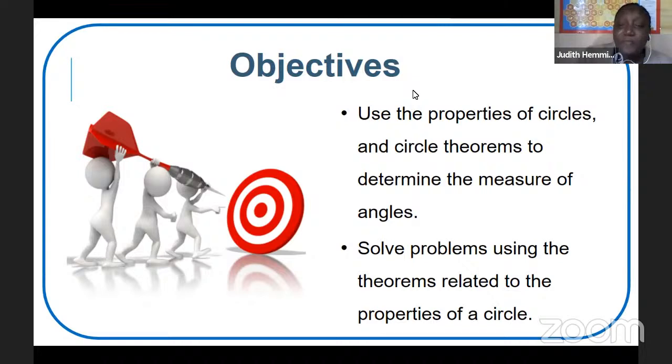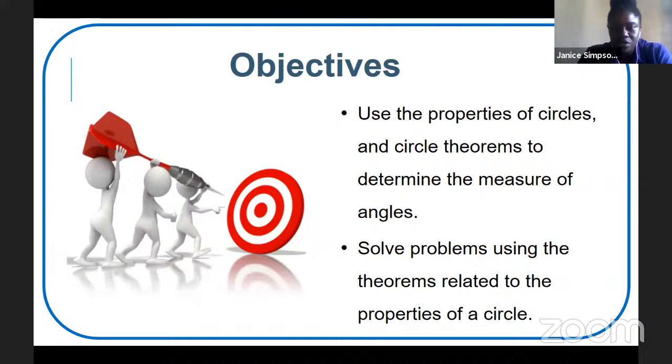Before we go into the meat of the matter, there might be a few things that you might have forgotten about angles. So my co-host, Mrs. Hales, will be taking you through some activities that will help refresh your memories about some basic concepts about angles. Mrs. Hales, over to you. All right, thank you, Ms. Hemmings.